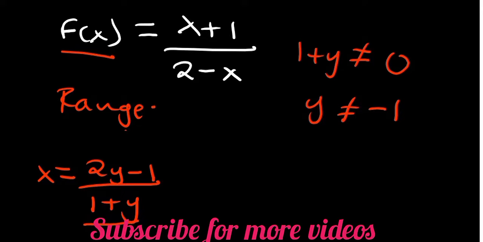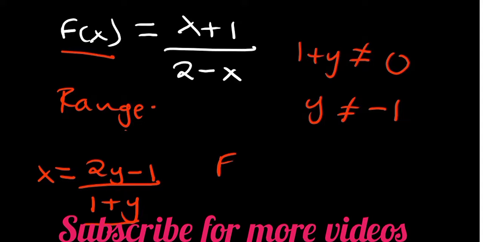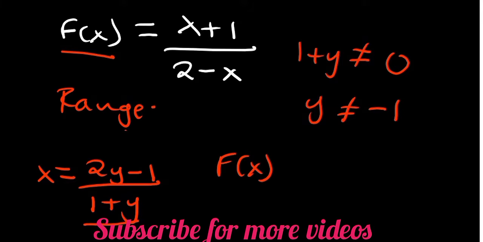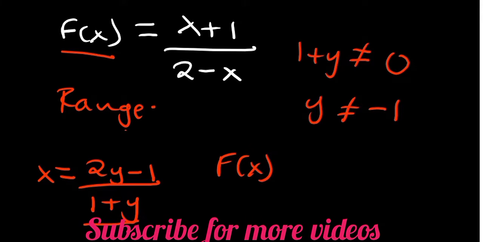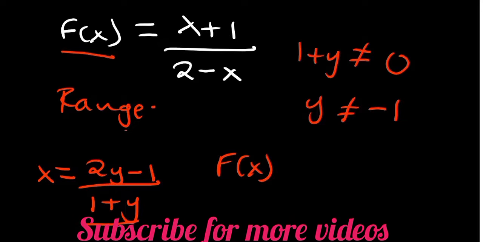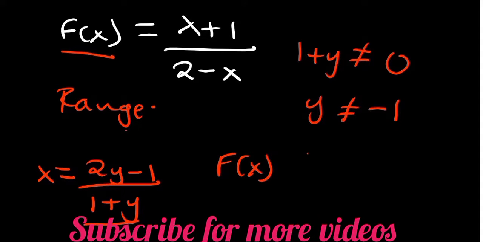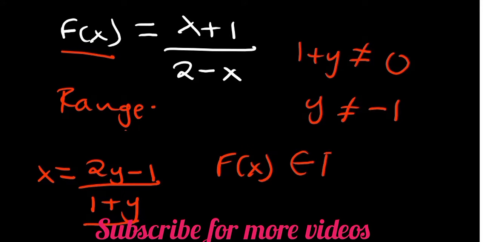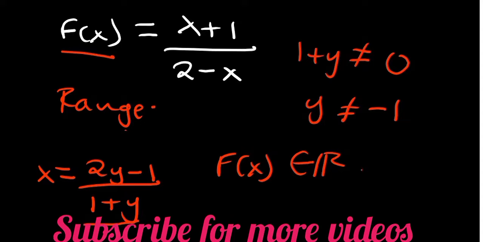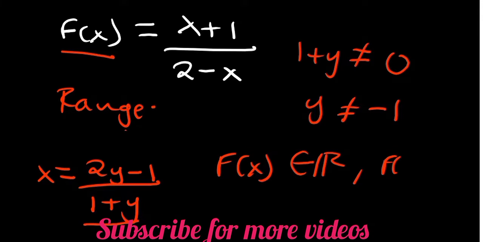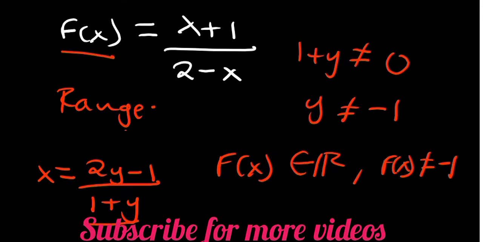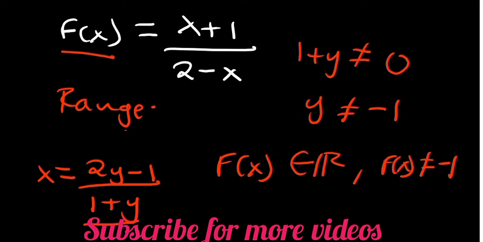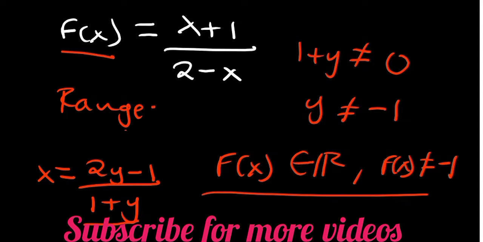Okay, so what can we say? We can therefore say that the range of f(x), the values that we should expect, are members of all the real numbers, but we expect that the function is never equal to -1. There is no value that is going to give us -1 in this function. And this is therefore your range of values.